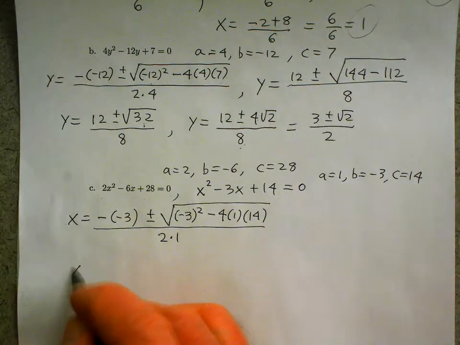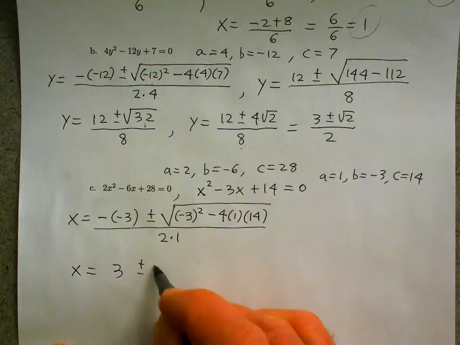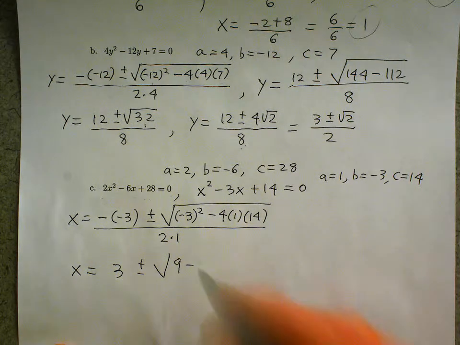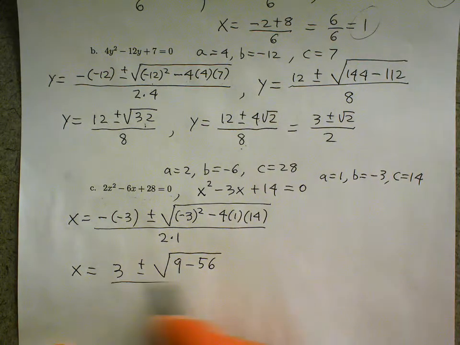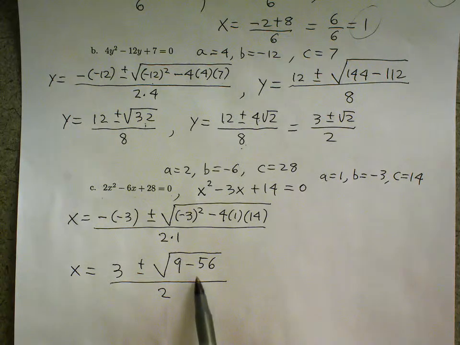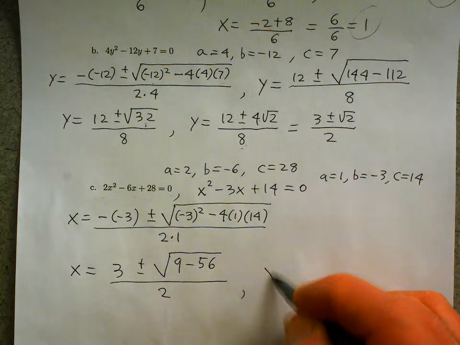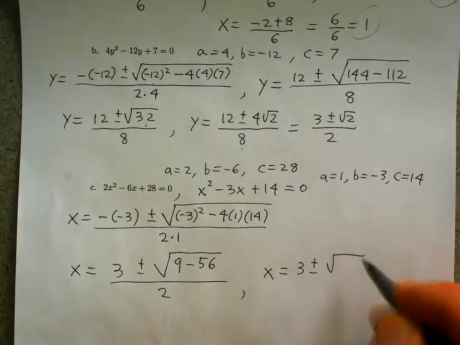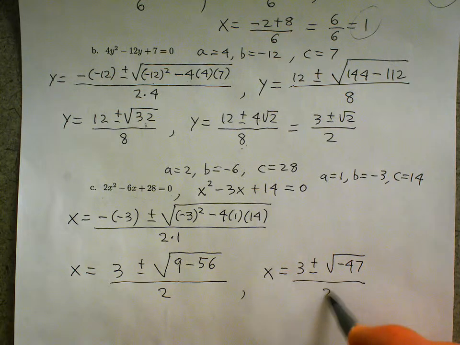And then the arithmetic, x equals positive 3 plus and minus the square root of 9 minus 56, all divided by 2. The discriminant is negative, so x equals 3 plus and minus the square root of negative 47, all divided by 2.